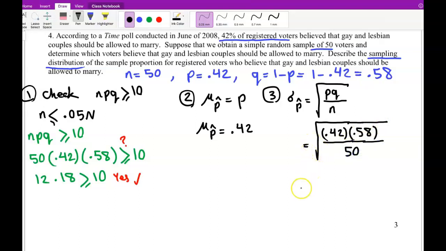Finding the answer for that, running it, the answer is 0.0698.